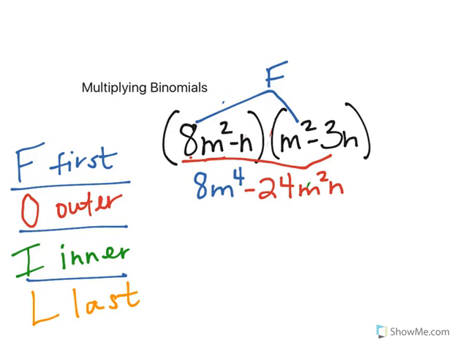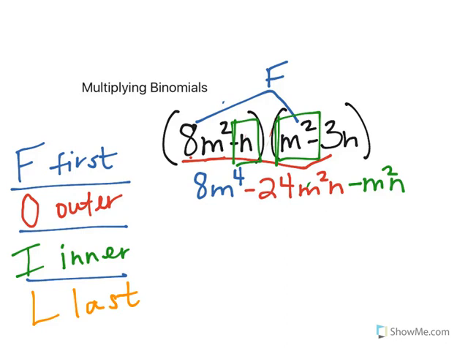You can't combine it. They're two different letters. Okay, and then now I'm going to multiply the inner part. So these are my inner parts, and look at these, they're not the same letter. So again, I'm just going to have to write it out, m squared and then n. And it's okay if you have it written differently, say you had the n's first, that's okay.